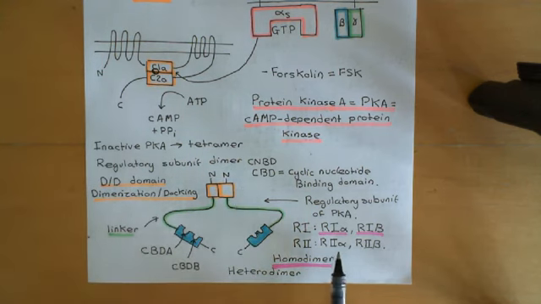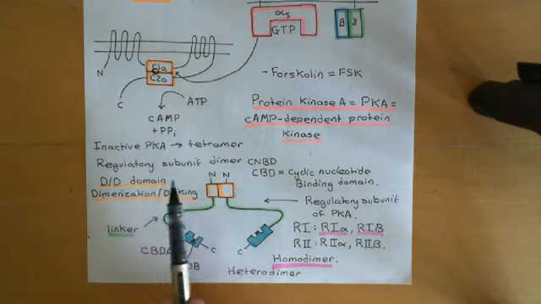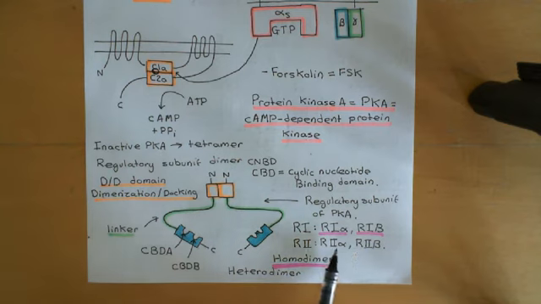If, on the other hand, you have built your regulatory subunit dimer out of R2 subunits, type 2 regulatory subunits, either the R2 alpha homodimer or the R2 beta homodimer, then that will be called a type 2 regulatory subunit dimer. And that will become important in a moment.